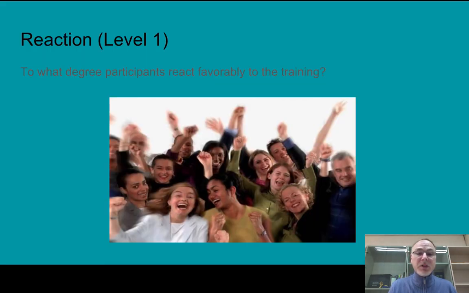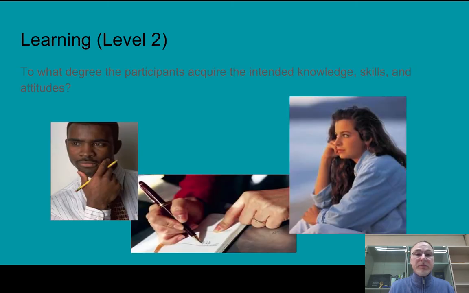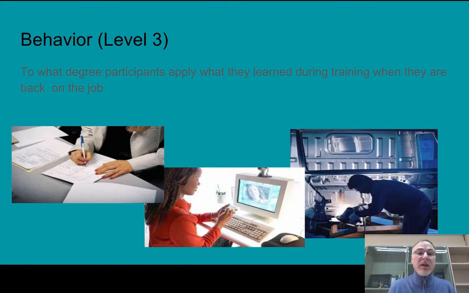But basically, the question is, to what degree do participants react favorably to the training? That's the reaction level. Learning level, to what degree do the participants acquire the intended knowledge, skills, and abilities, or attitudes? After you've evaluated learning, you can evaluate behavior.